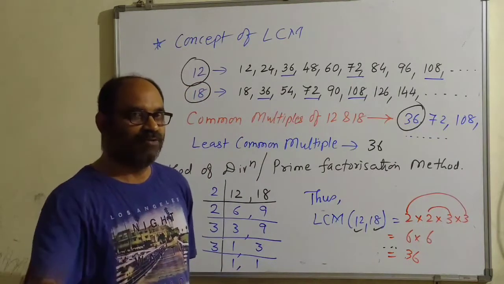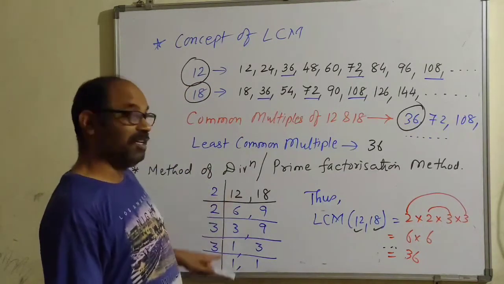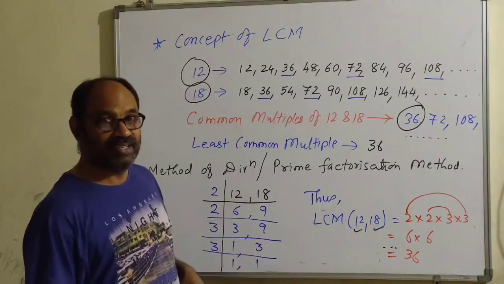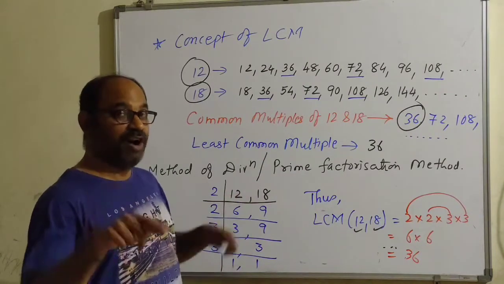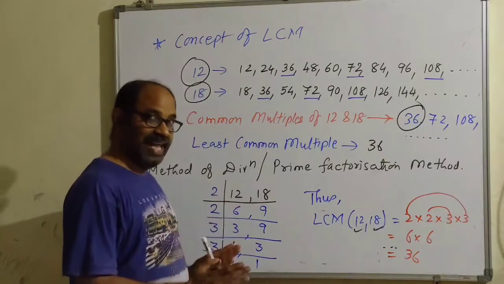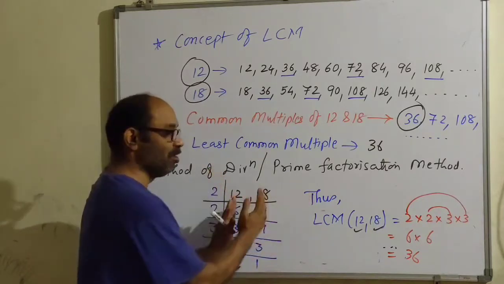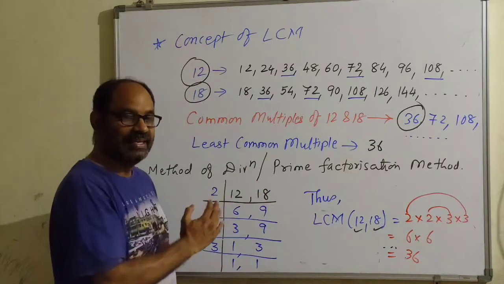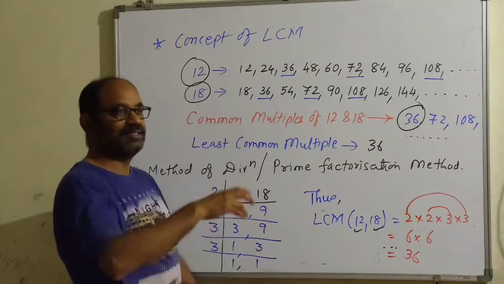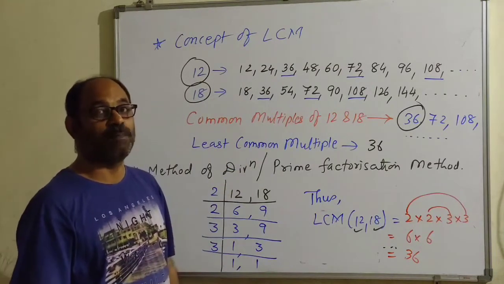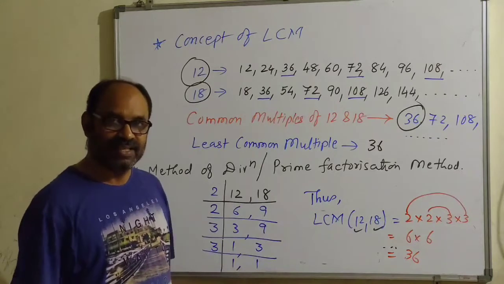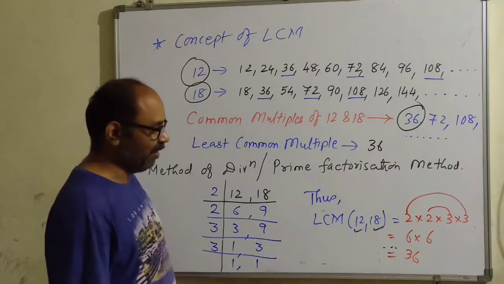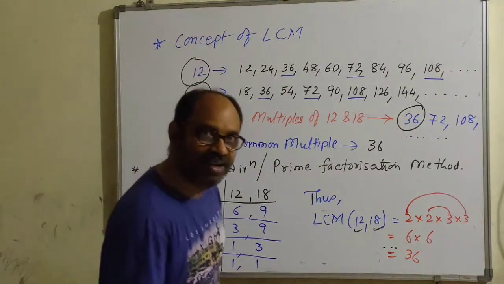By which method did you find the LCM? It's called the division method or prime factorization method. What did you observe? While finding the LCM by division method, both the numbers are taken together and their prime factors are obtained simultaneously. Is that clear? Fine. Can we take one more example?